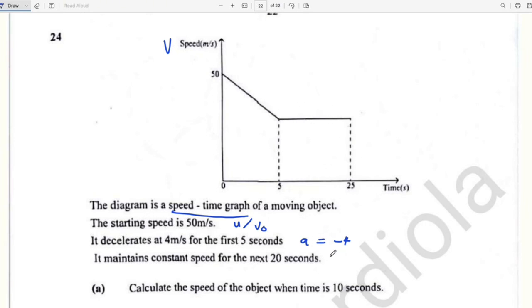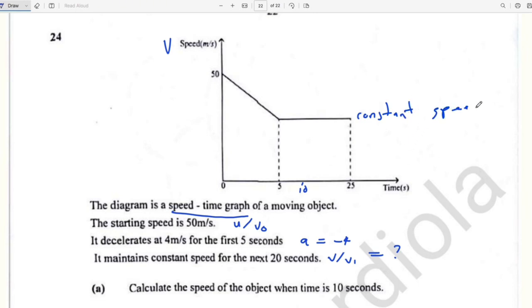So since the speed is the same, you can put V1 or V as the final speed. The starting speed, we can put U or V0. And then the deceleration, you know that deceleration is equal to negative acceleration.